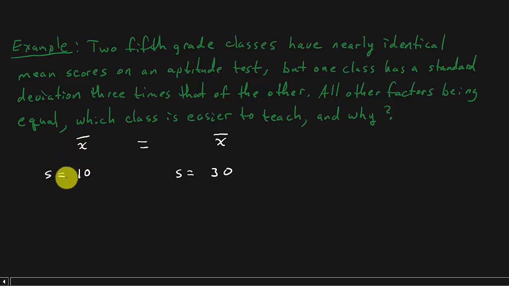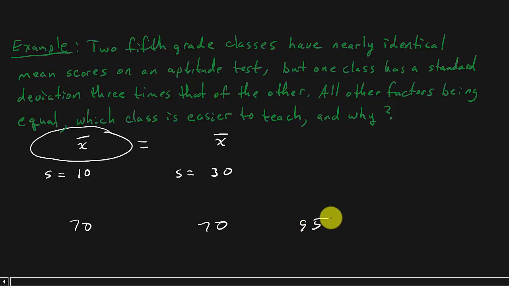So what that standard deviation does is, you've got a mean. The one with the smaller standard deviation, all the other test scores are going to be closer to this mean, but the class that has the larger standard deviation, like say the average is, I don't know, say a 70. Say that's the average in both classes. Well, in this class, you may have data like up here in the 95s, or data down here in the 20s.